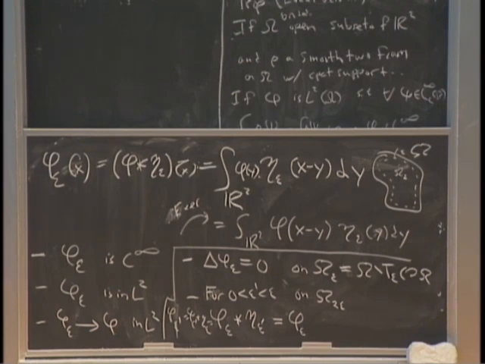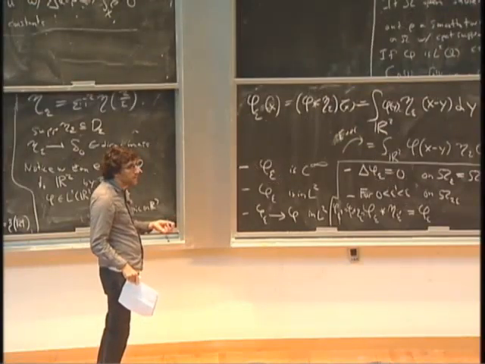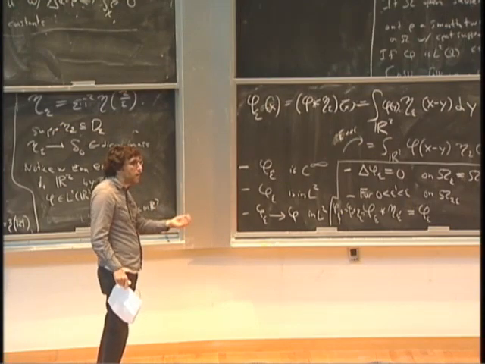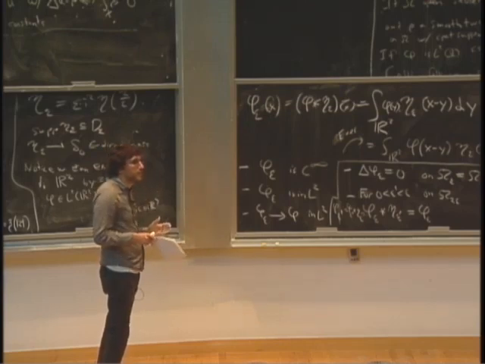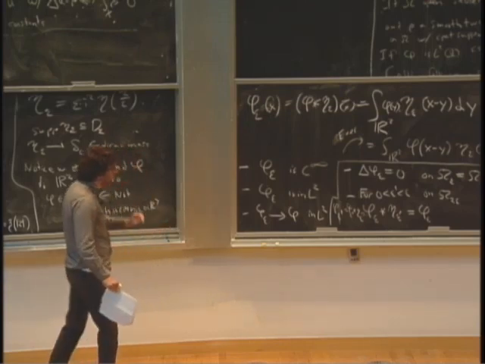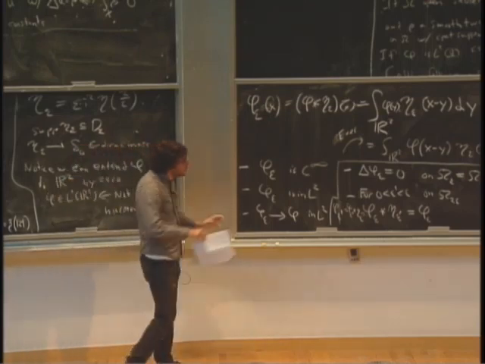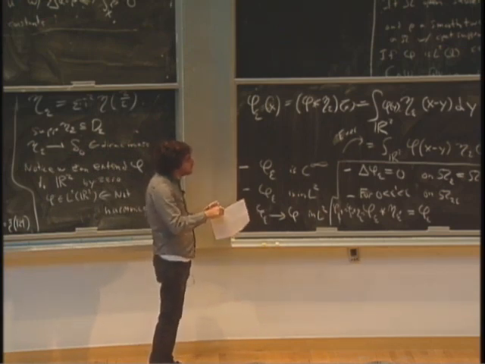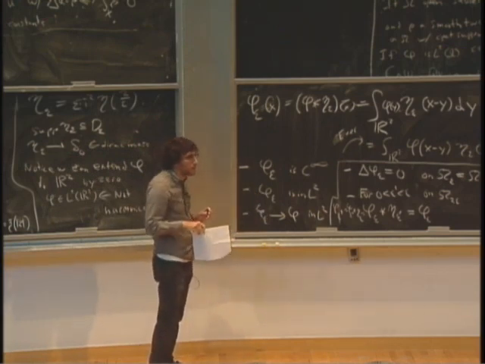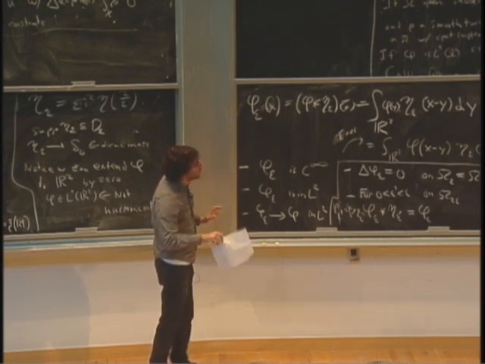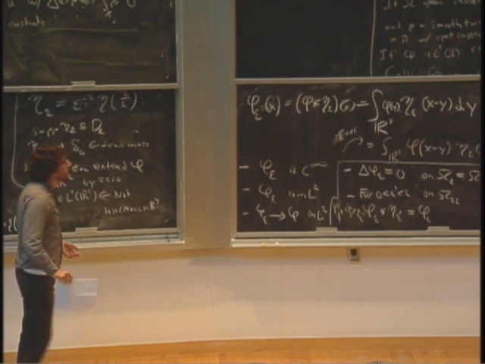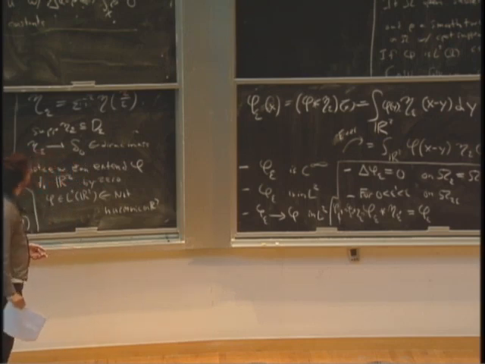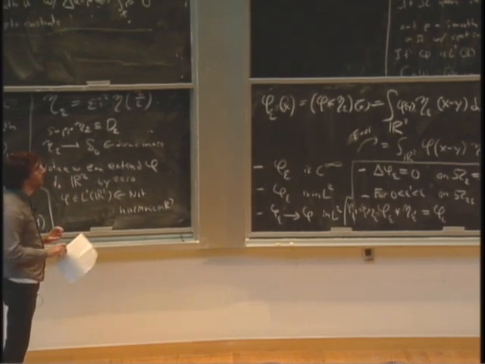So in a sense, phi is smooth at every point of omega because we can draw a little ball around a point, disjoint from the boundary, that's eventually inside some compact set, and so we can use this to argue that phi is smooth. Of course, there are interesting questions about how regular phi is up to the boundary, but we don't need that, and I don't want to get into it. Okay, so that's the proof of how one proves elliptic regularity for the Laplacian.